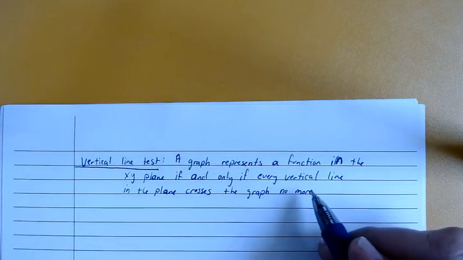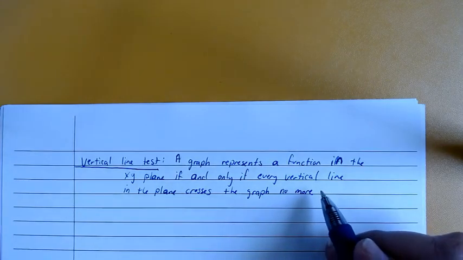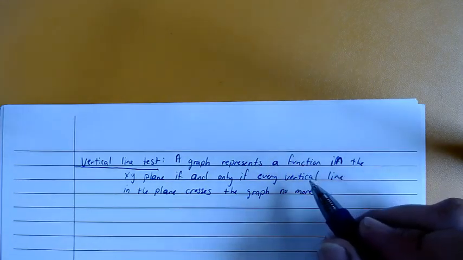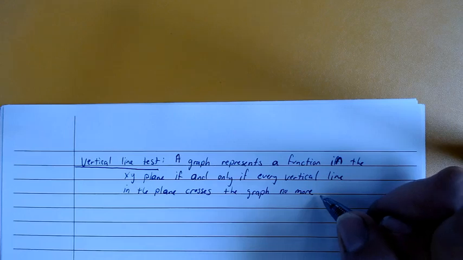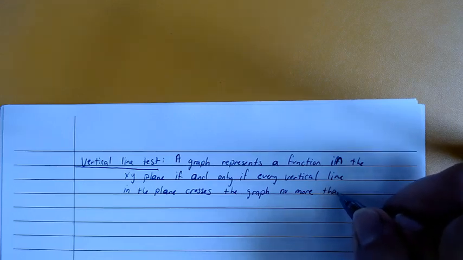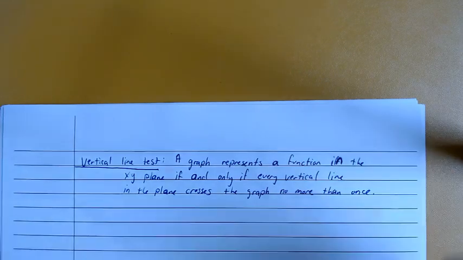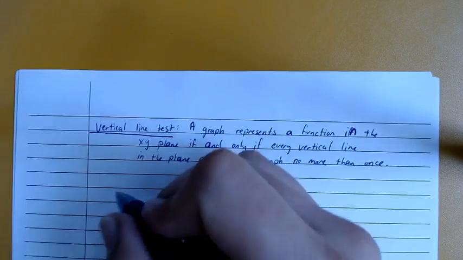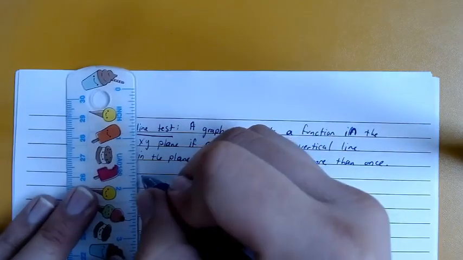We don't say once, we say no more than once, because it's possible it doesn't cross it at all. No more than once. Okay. So for example, or for examples, several of them.